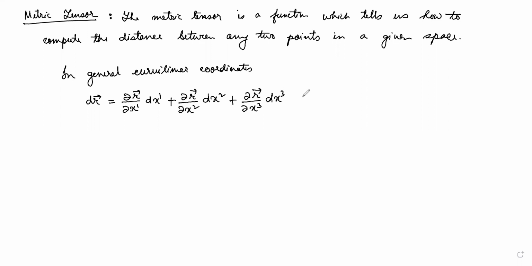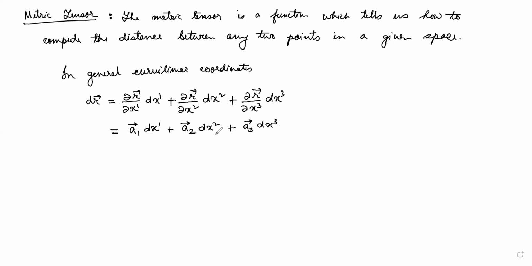In 4 dimensions, I'll add one more term, but for typing, let us keep it simple. So this ∂r/∂x¹ can be represented by a vector, that is a1 vector, dx¹ plus the second, ∂r/∂x², we represent by a2 vector dx², and the third by a3 vector dx³.